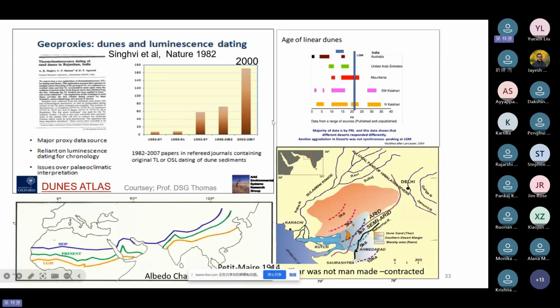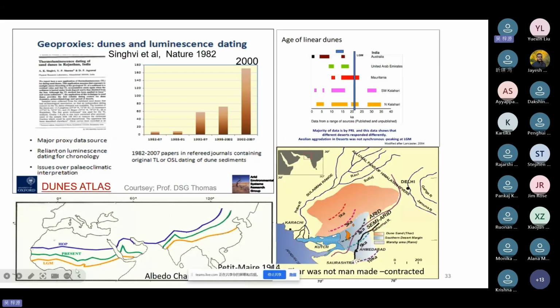An important aspect of this work was that until the application of luminescence dating, it was assumed, and this is a paper from 1994, that the world's deserts expanded and contracted simultaneously. That means the world albedo changes occurred simultaneously. This is a large land area.